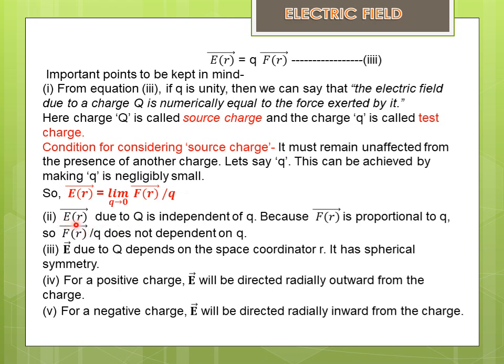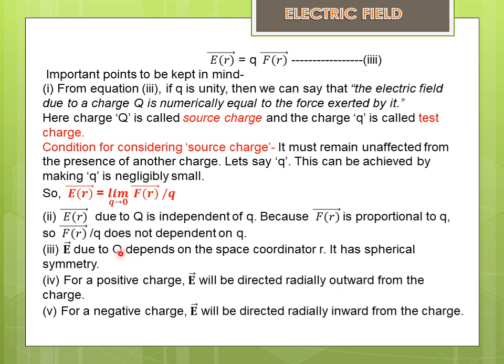Another important point: electric field at R due to Q is independent of the test charge, because the force experienced by the test charge is proportional to q. So the quotient, that is F by q, does not depend on q.